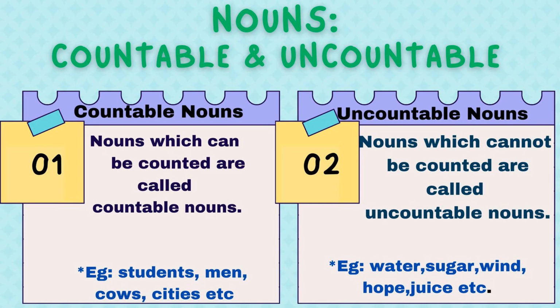And examples of countable nouns: students. Obviously, if somebody says count the students, you can definitely count. Men, cows, cities. Whereas uncountable nouns, examples include water, sugar, wind, hope, juice.